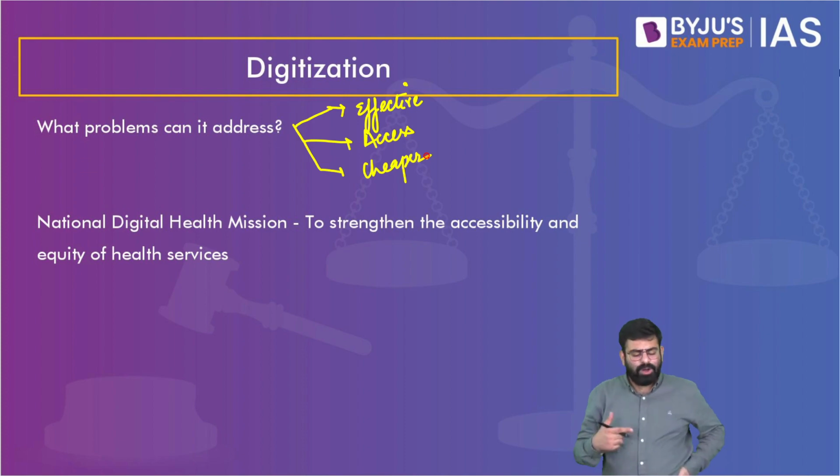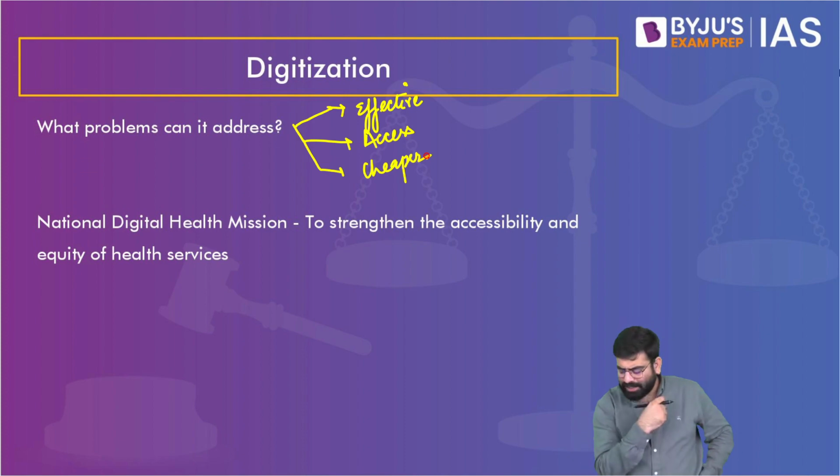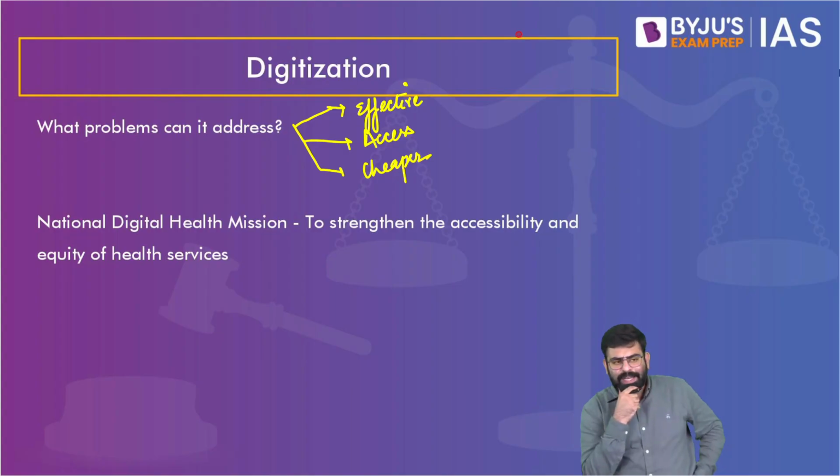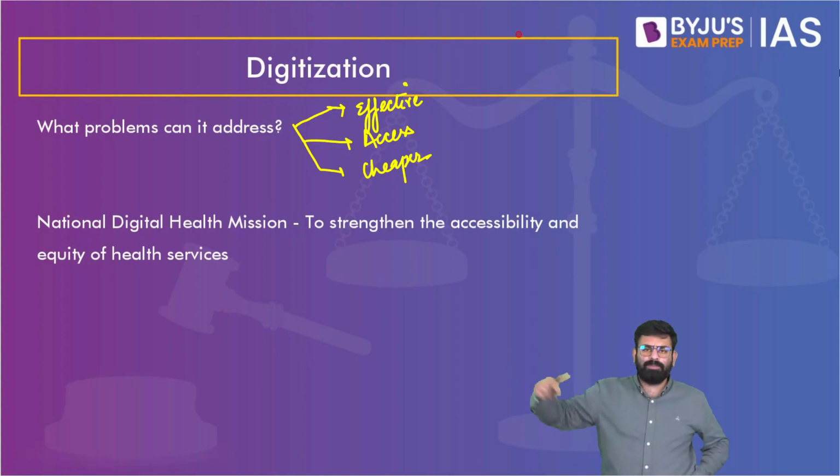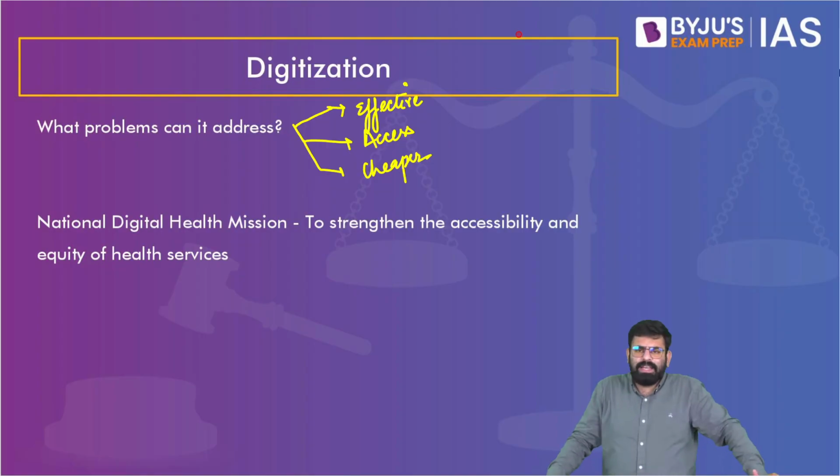Also, think of the ways in which you can digitize your healthcare system. You can digitize all the records. If you go to the bigger hospitals now, they create a digital profile for you. If you happen to go to a private hospital, and even your good public hospitals like your AIIMS, you find that they'll create a digital profile for you.